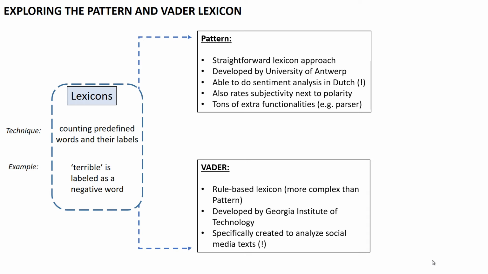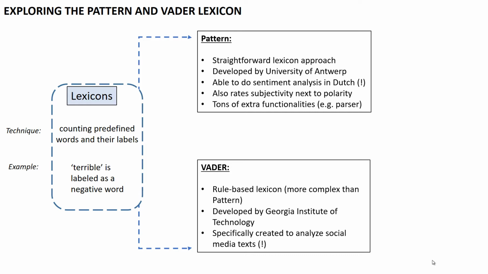The second module we will take a look at is Vader. Vader is more complex than pattern because it not only contains a list of words that are defined as positive or negative, it also contains some rules to make the estimations of the sentiment more valid. We will take a look at the specific rules later on in this lecture.